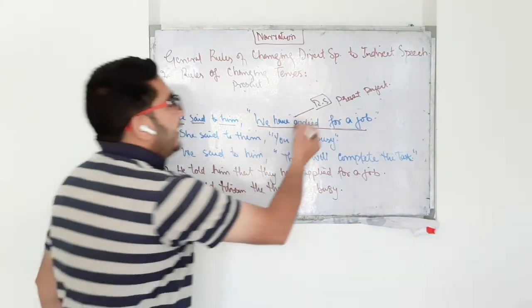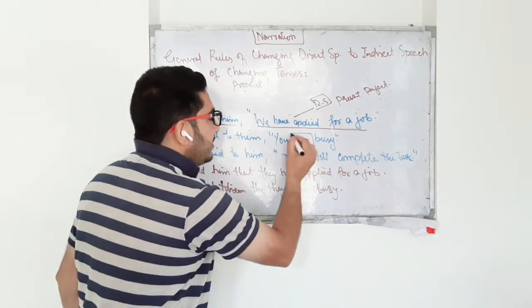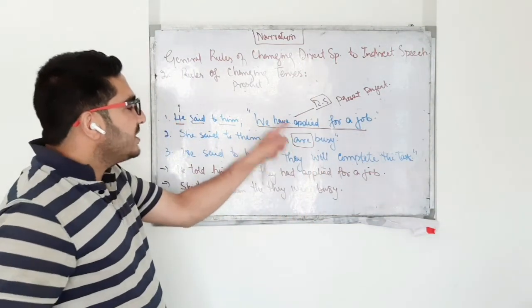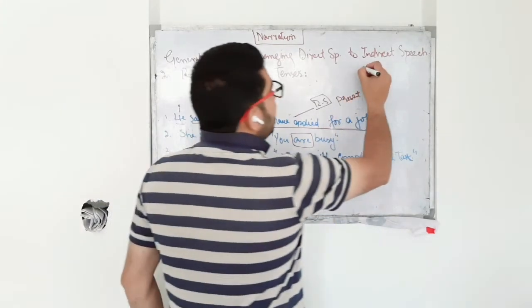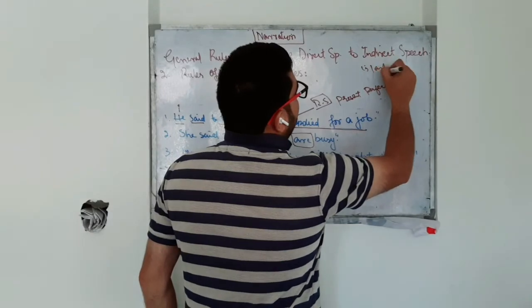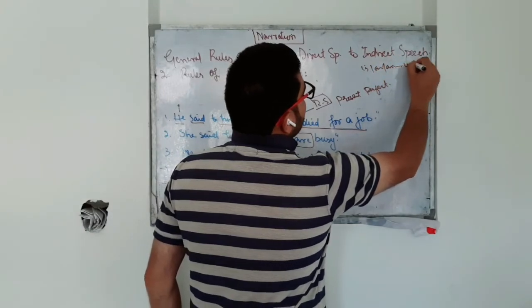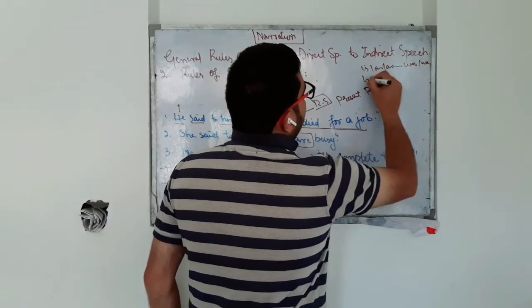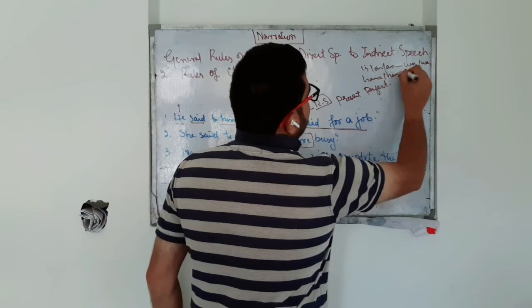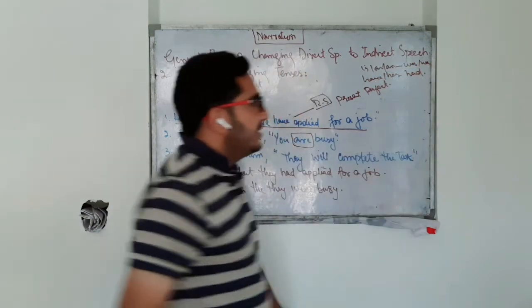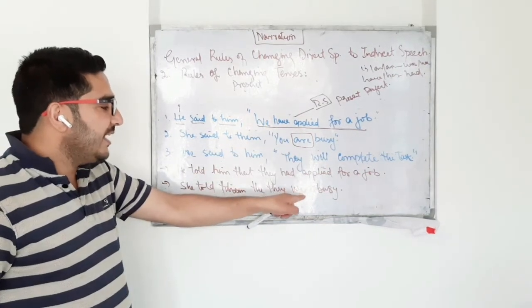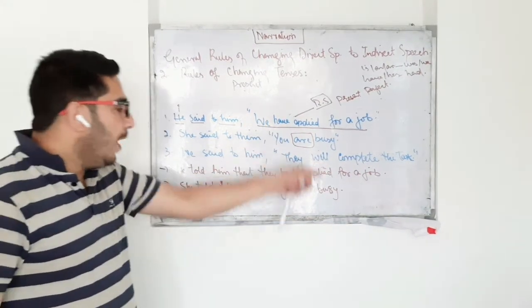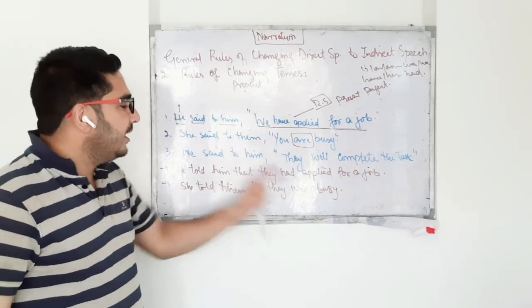So here the verb form is changed. We have this are here and we wrote were here. See, is, am, are is changed into the was verb. Have, has is changed into had. So we changed are into were. You are busy is changed into they were busy.